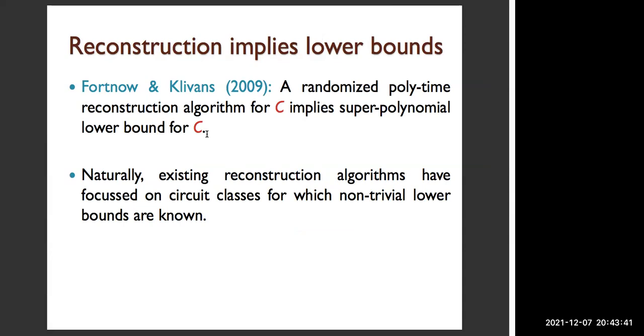So naturally, it is as hard as proving lower bounds for C, and people have focused on learning circuit classes for which non-trivial lower bounds are known. Now it's an obvious question: is the complexity of learning the same as proving lower bounds, or can I expect an affirmative answer to the question of whether lower bounds imply learning or reconstruction?